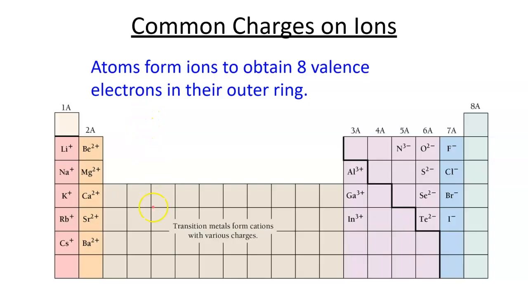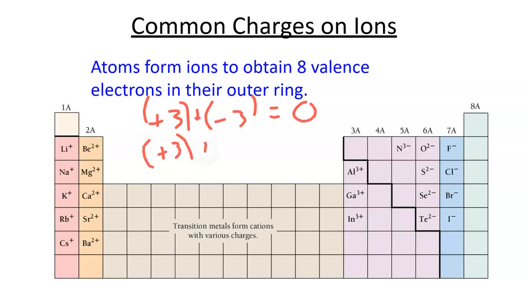Well, lithium originally has 3 protons and 3 electrons, a total charge of 0. When it loses one of those electrons, it now has 2 electrons, -2, and 3 positive charges, with an overall charge of +1.